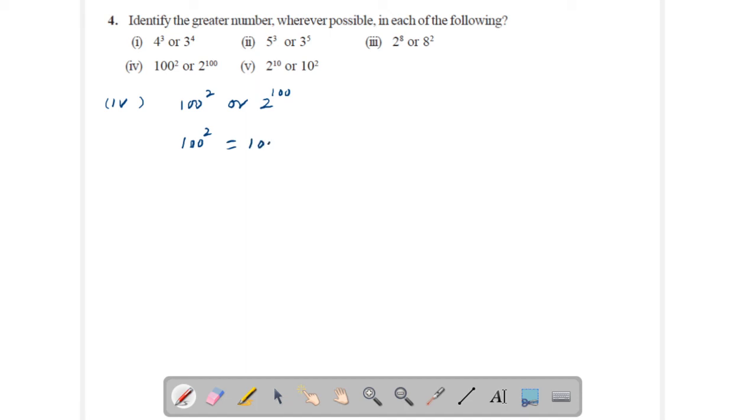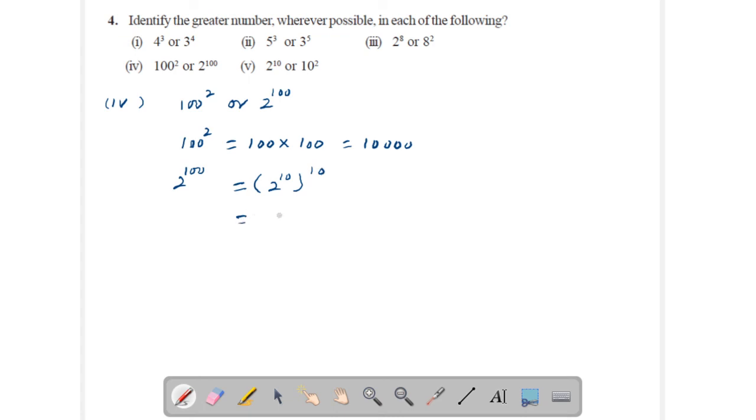That is 100 into 100. What will you get? 10,000. Now say second number. It is 2 raised power 100. This can be written as 2 raised power 10, raised power 10.